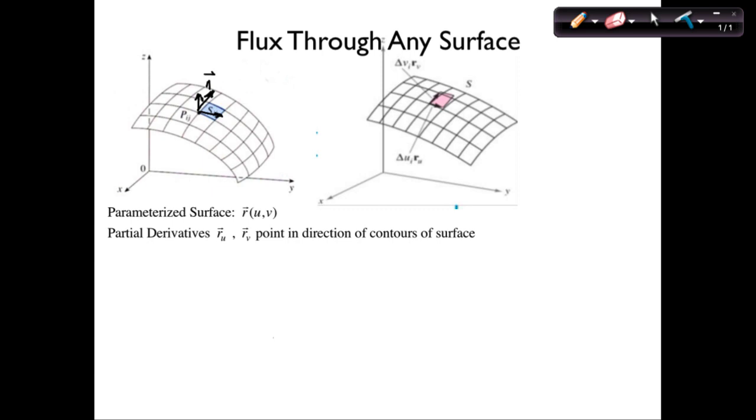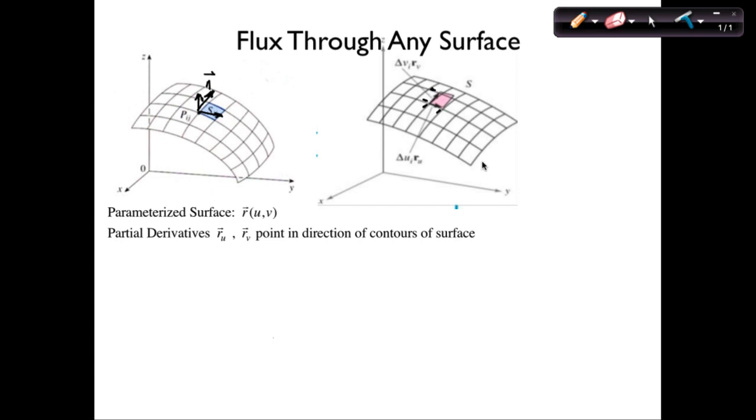And then we're going to scale those down to, say, times delta u and delta v. So delta u is like the change in our partition this way, and delta v is how we're partitioning it this way.